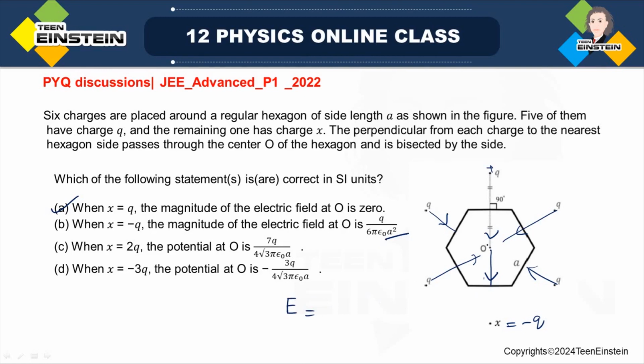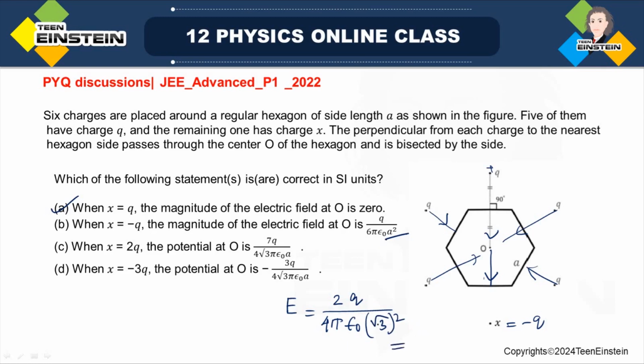Here the distances are actually same, so we have to just add them. So 2 into q by 4 pi epsilon naught into the distance square, that is root 3 whole square.